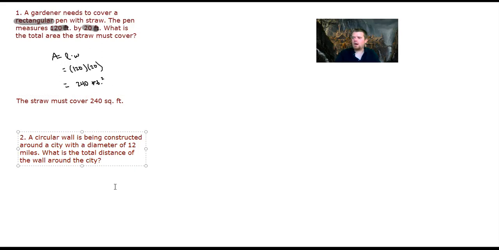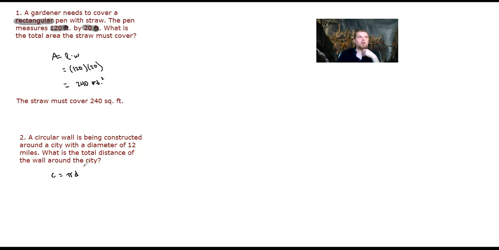So here I'm using a little more common vernacular, not using my academic vocabulary. Total distance around the city. Okay, I'm talking about around the city. I'm talking about a circle. That means I'm looking for circumference. Remember, there are two formulas for circumference. We had either 2 pi r or pi times diameter.